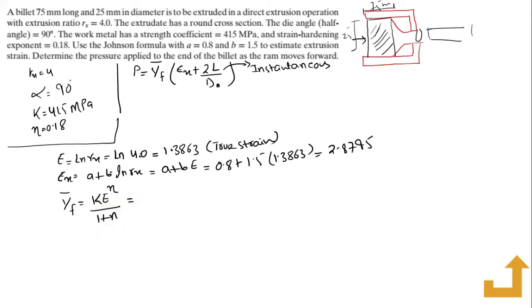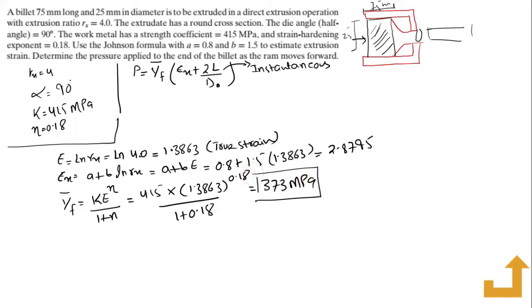So we have 415 into 1.3863 exponent the strain hardening exponent 0.18, divided by 1 plus 0.18. If we solve this one, it would be equals to 373 megapascal. This is the value of the flow stress, and we have the value of the extrusion strain here.